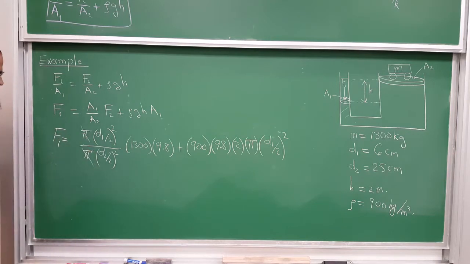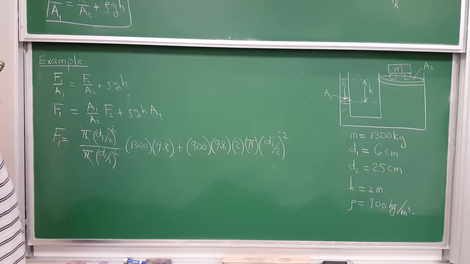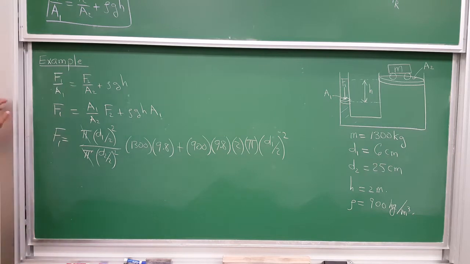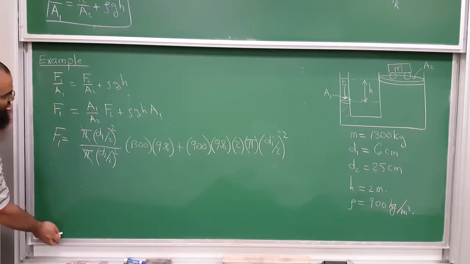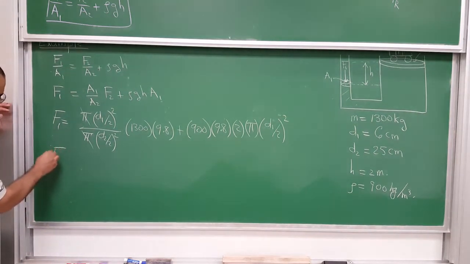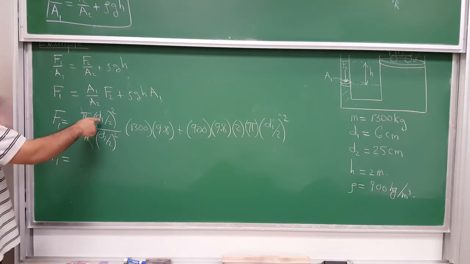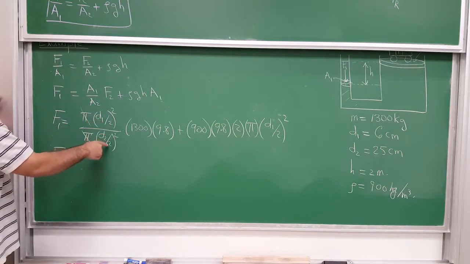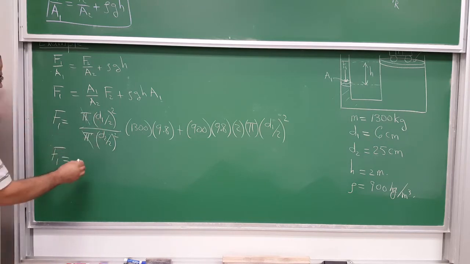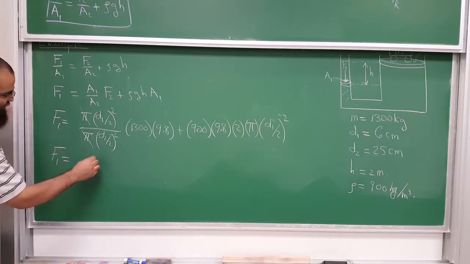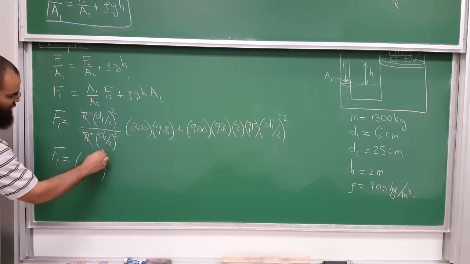The pi cancels. And so you can plug in the diameters. So you will get the following. F1 is equal to, by the way, diameter 1 over 2 squared over diameter 2 over 2 squared. The 2's cancel, and we can just put them both under the same square.